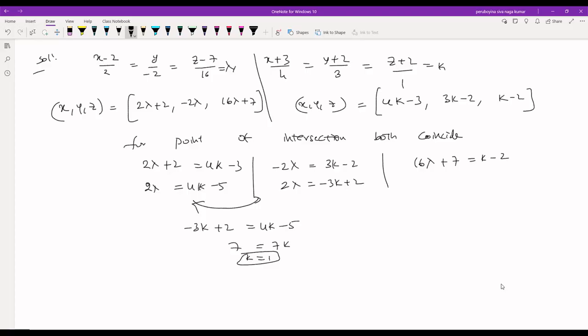K value 1, lambda is showing minus. Then only we can decide the P value. Okay, why is the lambda value showing different?